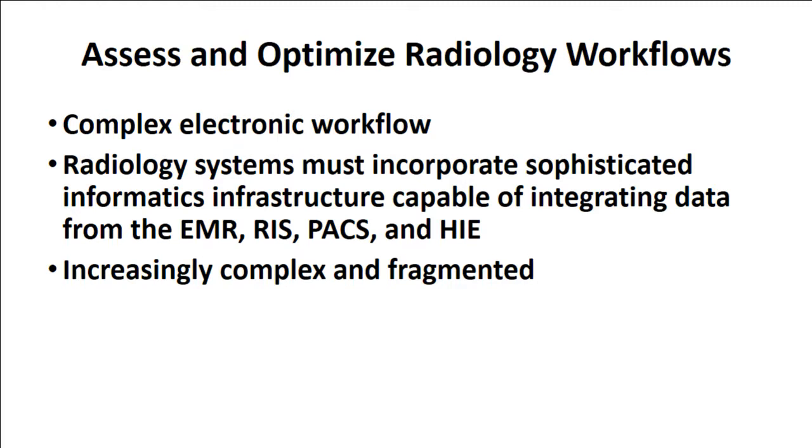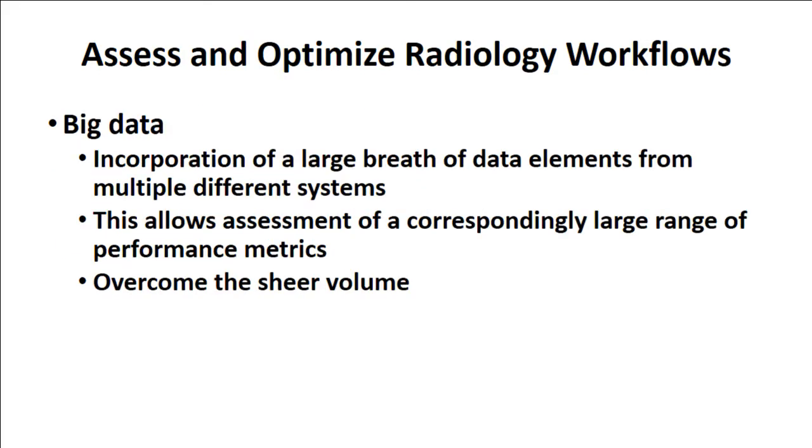It also gives us the ability to potentially look at metrics that we haven't been able to look at before. And often we will measure things because they're measurable, not necessarily because they are the most important thing to measure. But big data gives us the ability to have a much larger range of performance metrics that we might want to assess.